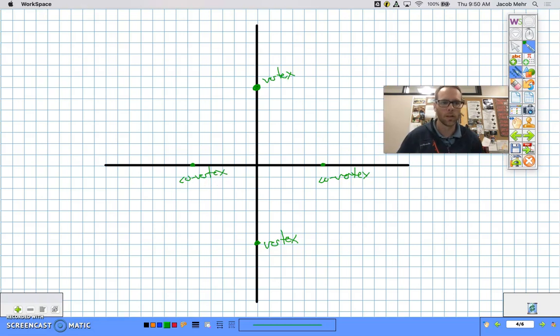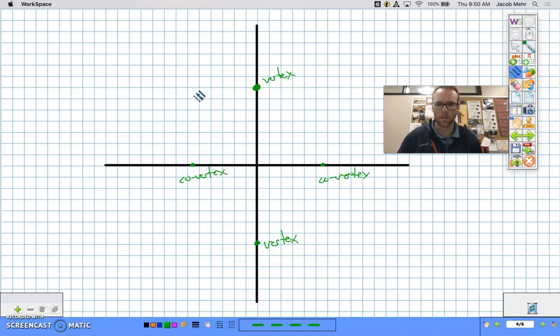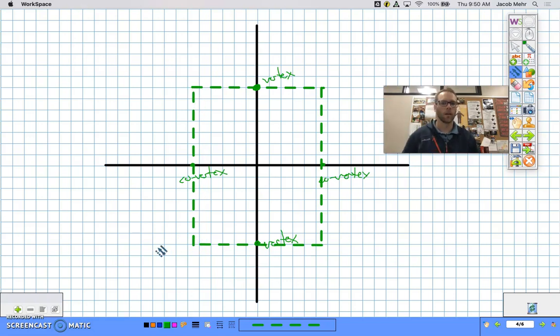Okay. Then I really like to make that rectangle that we saw in that other graph, because it helps us draw those slant asymptotes. There we go.